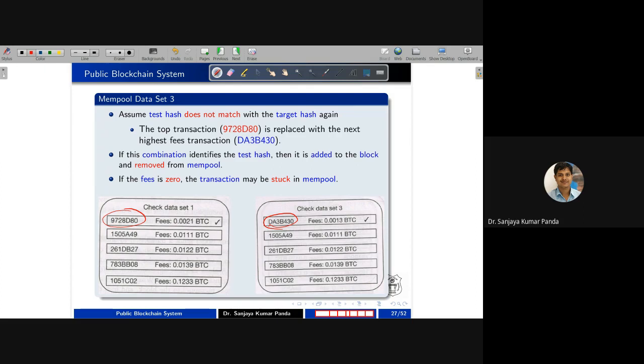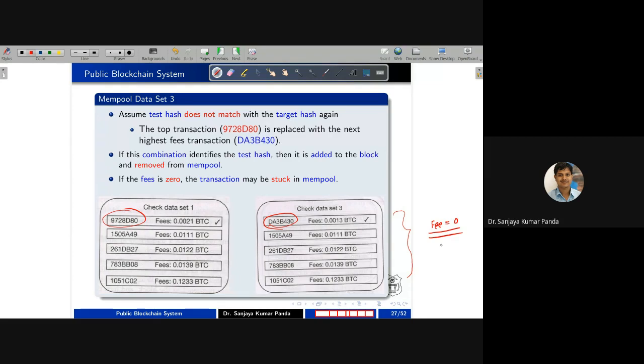Right? And assume that if a particular transaction has a fee equal to 0, like here you can look, there are five different transactions and their fee values are written. For example, the fee value is equal to 0. Then what will happen? Fee value equal to 0 means it is highest priority or lowest priority? Can anybody say?